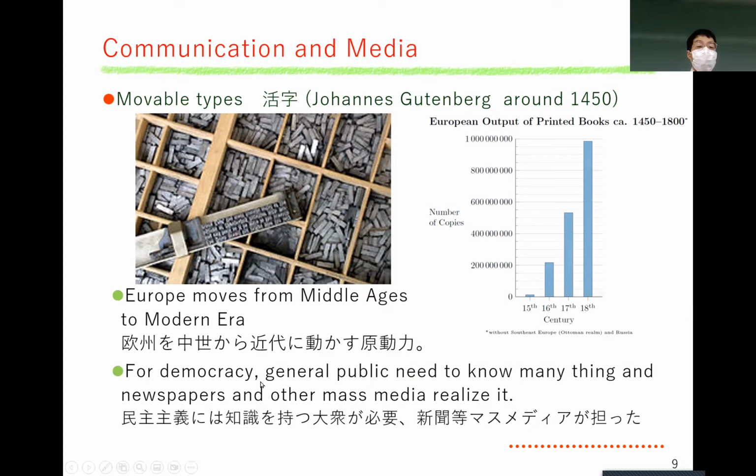Democracy occurred because the general public knew many things through newspapers or other mass media, mainly newspapers at that time. People came to know more about their society, and then they said something about it. So democracy was realized.